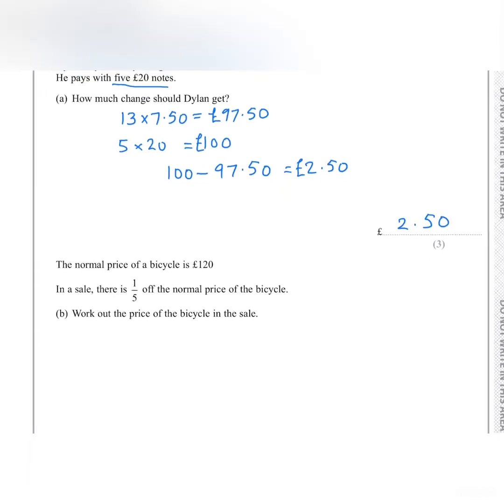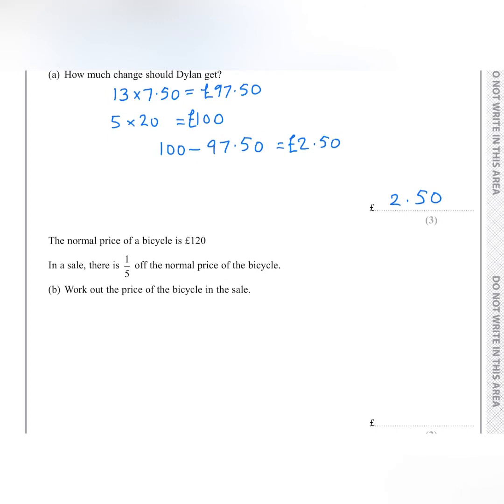Okay, so the normal price of a bicycle is £120. And in a sale, there is 1/5 off the normal price of the bicycle. Work out the price of the bicycle in the sale. So 1/5 is off. Okay, so 1/5 of 120. So you can do 120 divided by 5 on the calculator.